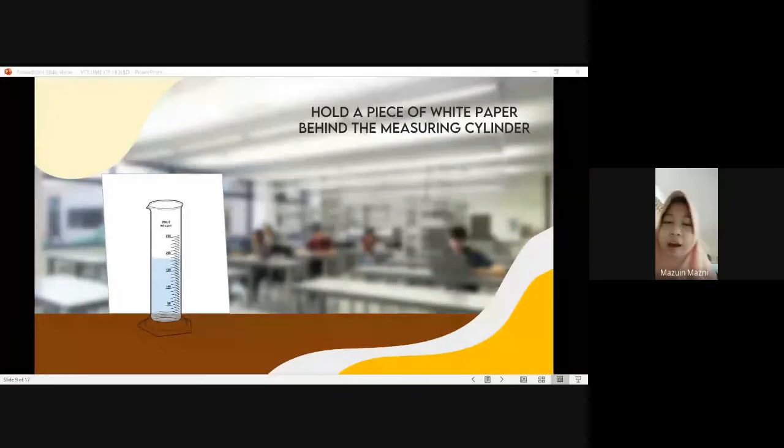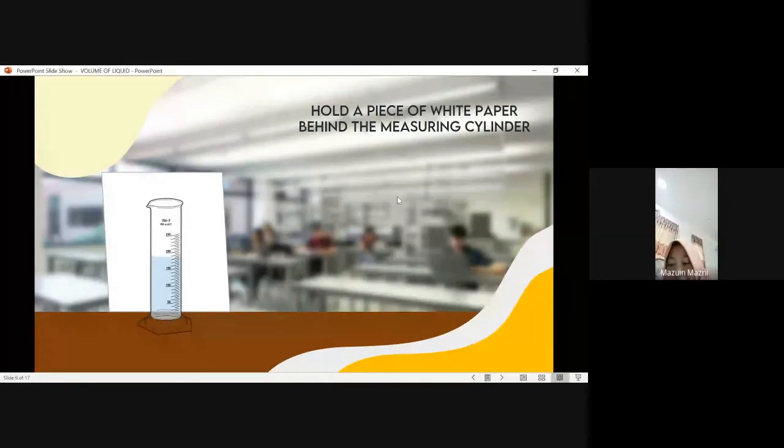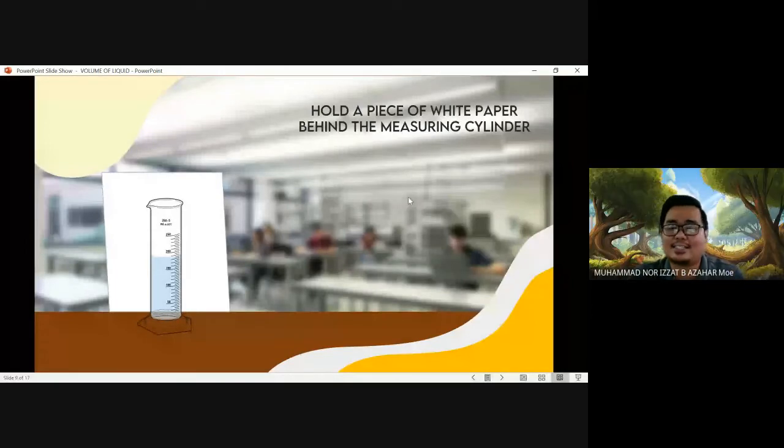If the liquid is pink, can we use pink paper? Yes, you can, but I suggest you use white paper because of what? Number one, it contrasts most of the colours.